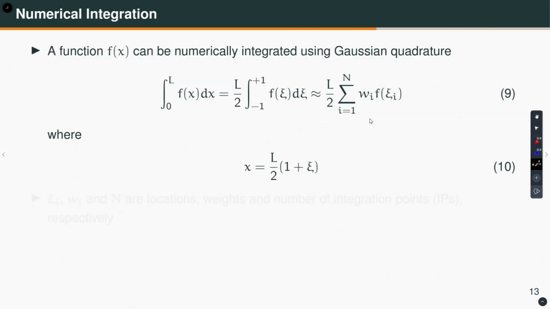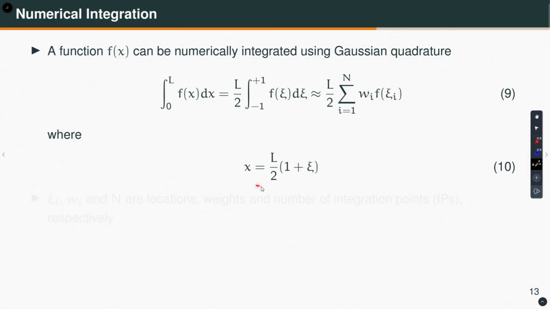So, let me show you further. A function f(x) can be numerically integrated using Gauss quadrature like this. Remember our integrations are from 0 to L, where L is the length of the element: integral from 0 to L of f(x) dx. First, I will change the integration limit. Instead of 0 to L, we would like to do it between -1 to +1. So, how do we do that mapping?